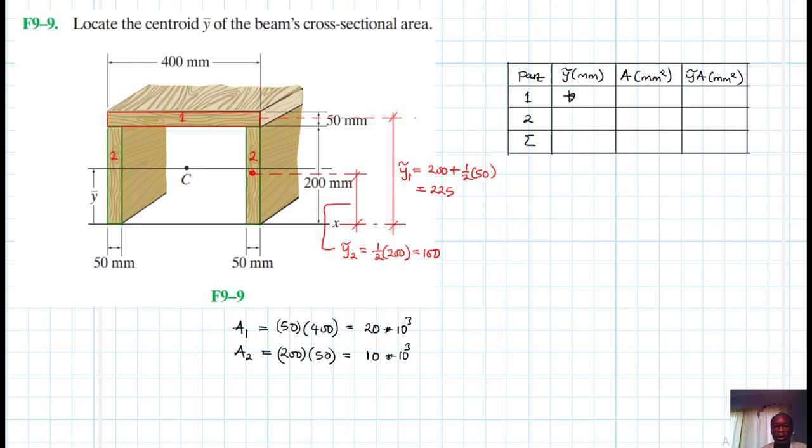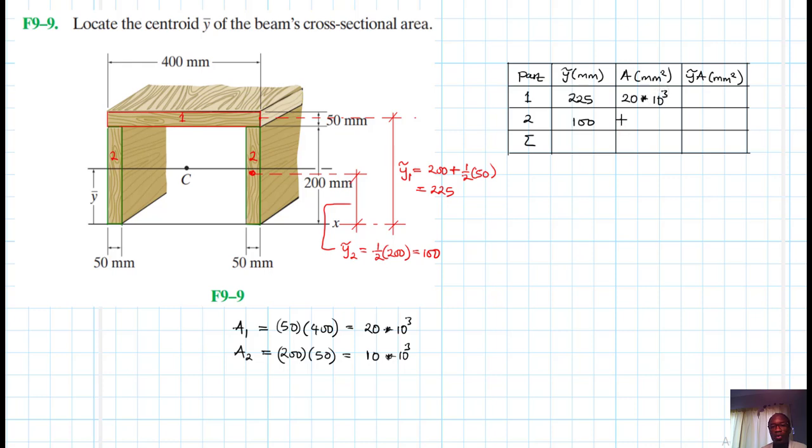So this one is 225, this one is 100. Area for the first one is 20 times 10 to the third.